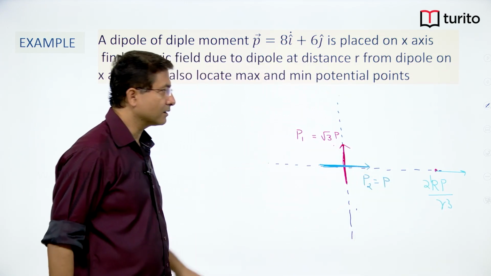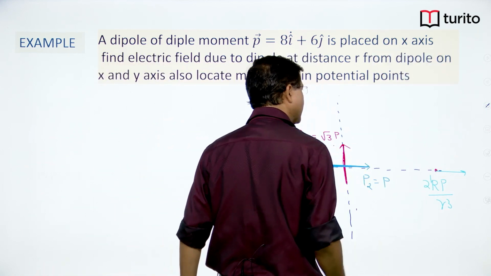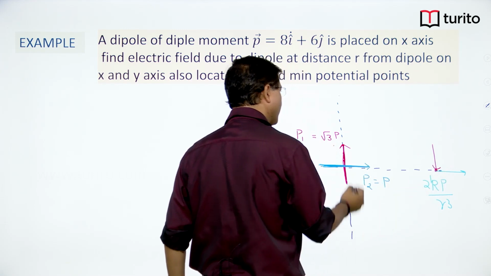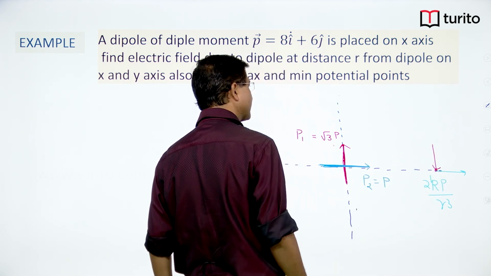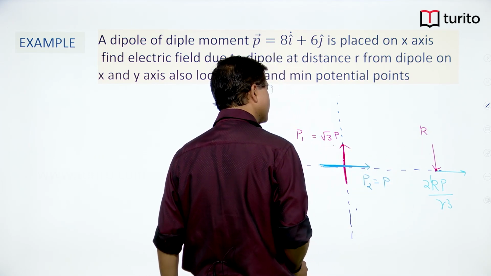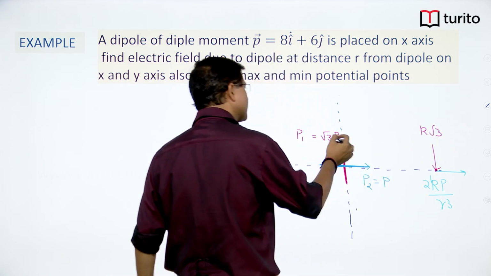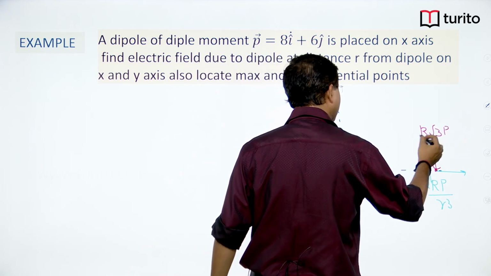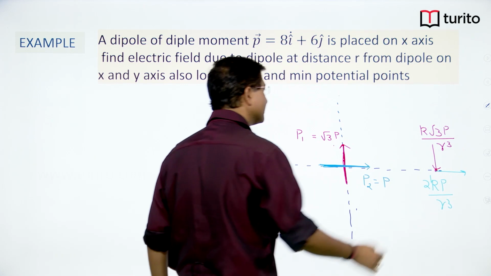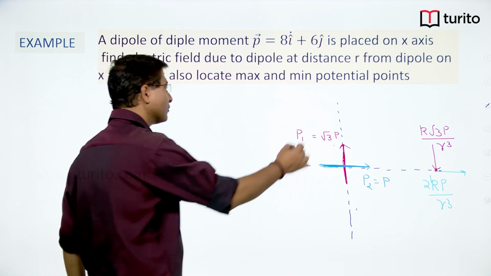Now because of this one the field will be in the downward direction, opposite to this, and the magnitude is K, because this is the axial one, then K instead of P, because its dipole moment is 3p, I will add 3p divided by R cube. Adding these two will give me the resultant. Same thing I can do for this particular point.